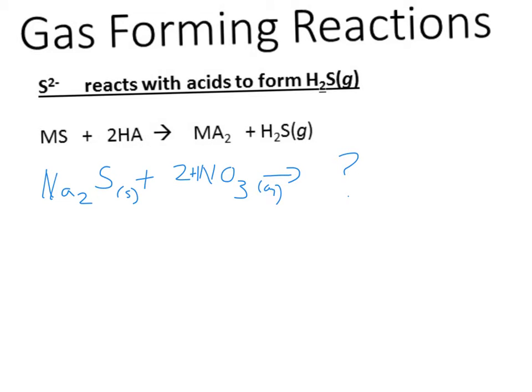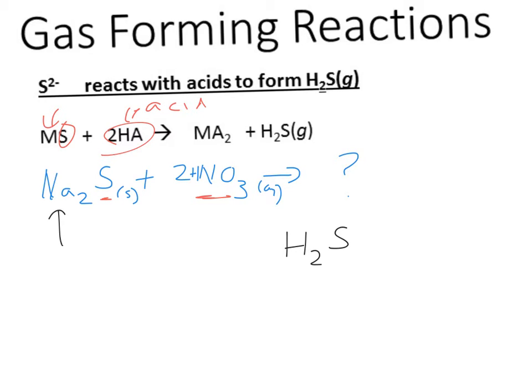Well, your clue when you're working these type of problems, you should always be looking for two clues. First, an acid is a hint that you have a gas-forming reaction, and then you have a sulfide. That's your other hint. Whenever you see a sulfide and acid, which we see here, that's our clue that we're going to form a hydrogen sulfide as one of our products. So our first product is going to be hydrogen sulfide gas.